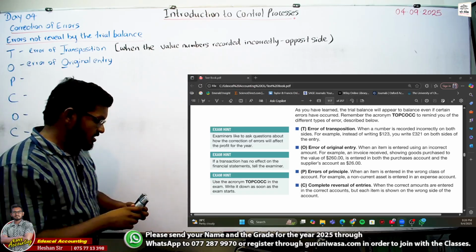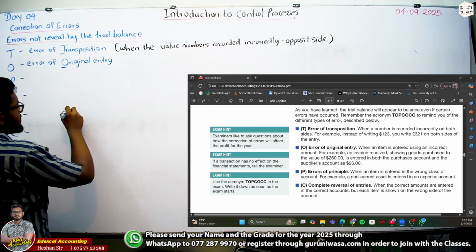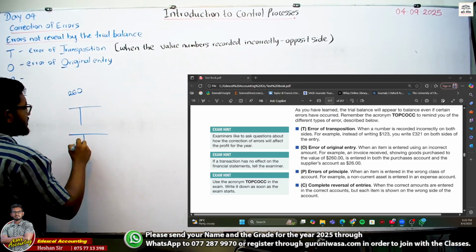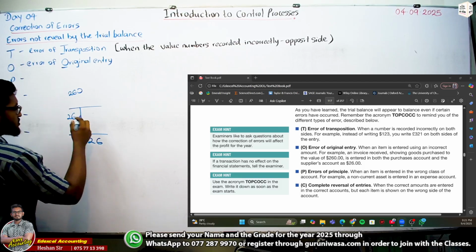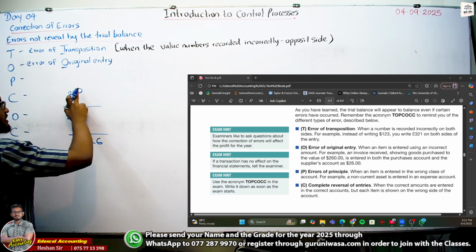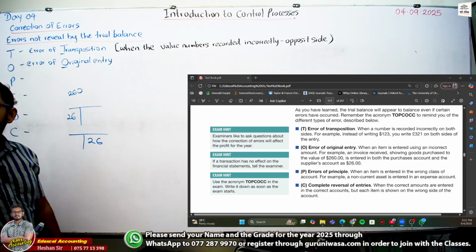Now transposition means side change. Original entry error means, like, 260 is the original value, but we wrote a different value. This is not a transposition. If it were a transposition, we would write 062. But mistakenly we didn't see the 0, so we wrote 26.